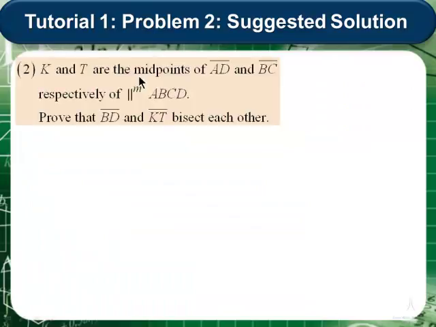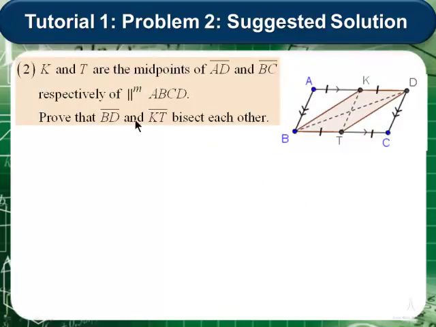Let us consider a suggested solution to problem 2. We need to show that in this shaded quadrilateral diagonal BD bisects diagonal KT. Now that will be the case if BKDT is a parallelogram.